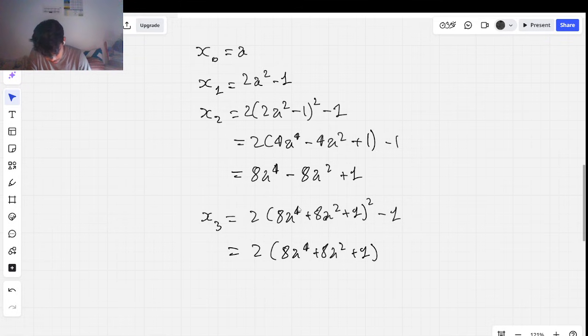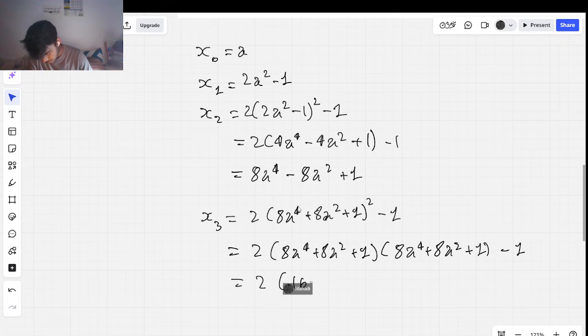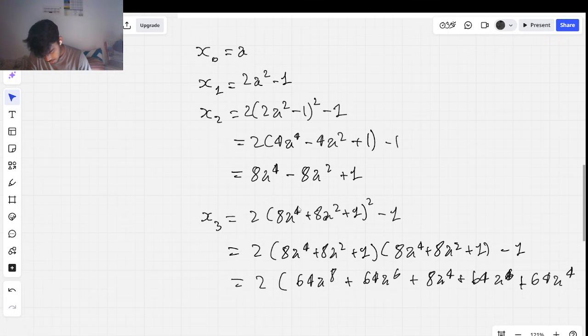Bear in mind it's almost midnight, so my maths is rubbish, and I am on half a brain cell that is barely working. 64a to the 8 plus 64a to the 6 plus 8a to the 4 plus 64a to the 6. No, 64a to the 4 plus 8a squared.